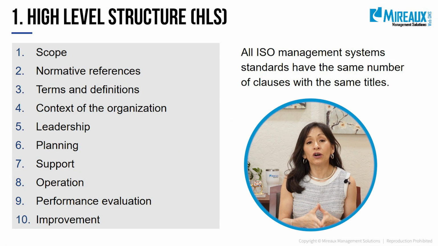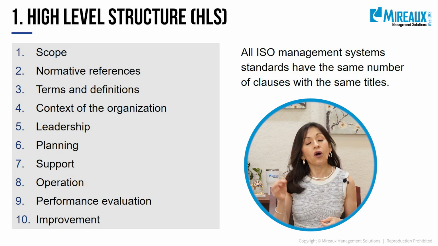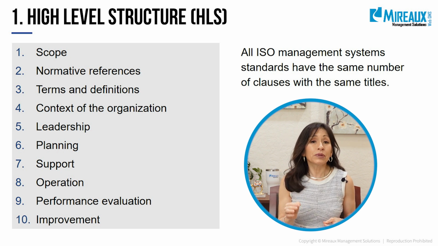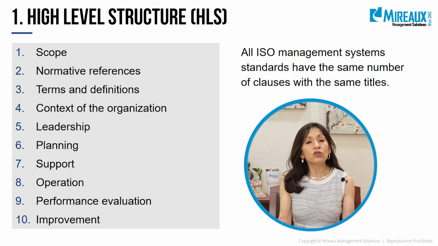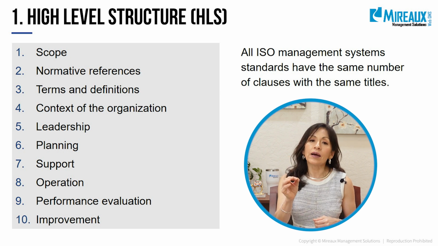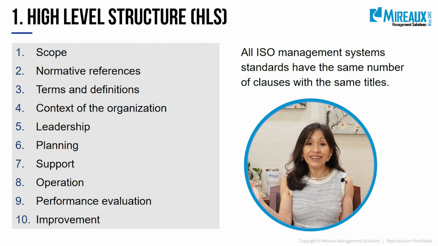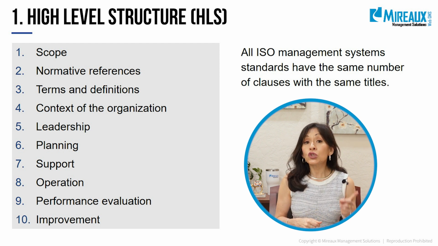The first element of this common framework is the high-level structure, or HLS. This simply means that all ISO management system standards now share the same 10-clause structure. The clause numbers, the titles of the clauses, and their sequence are identical. These 10 clauses are 1. Scope, 2. Normative references, 3.